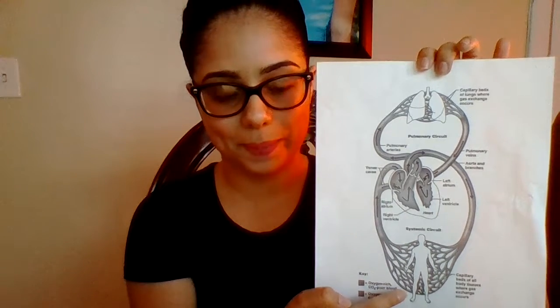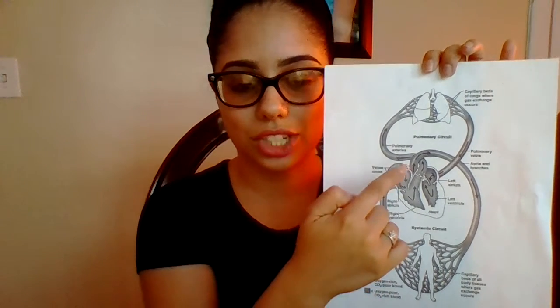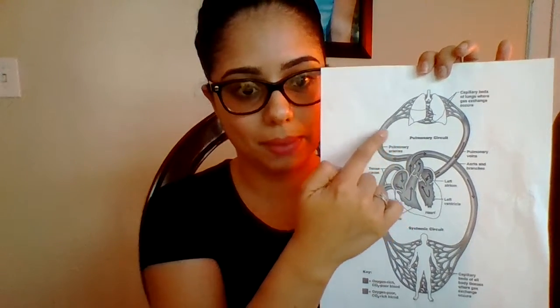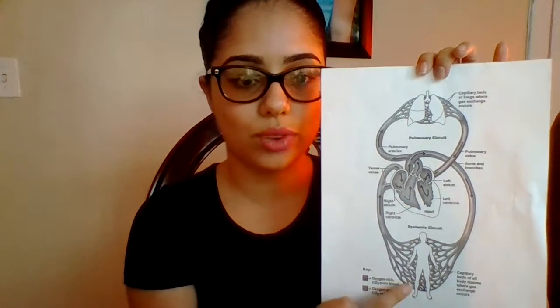These supply blood to two separate circuits. So we have here the pulmonary circuit, which is the lungs, and the systemic circuit, which is the body. So oxygen-poor blood is received by the lungs, and oxygen-rich blood is received by the body. A little bit later on, I will explain how blood flows from the heart to these circuits and back into the heart.